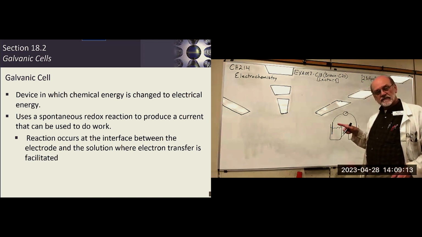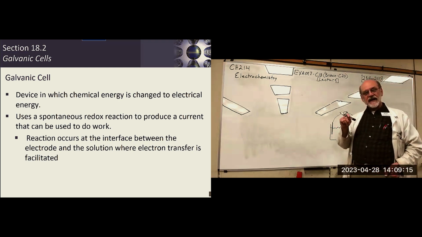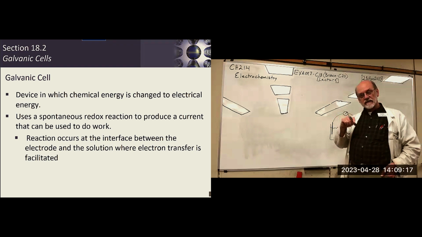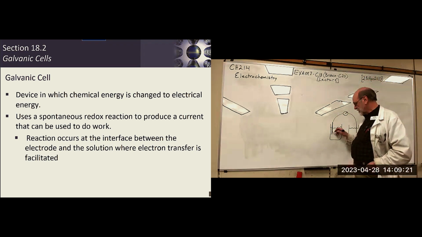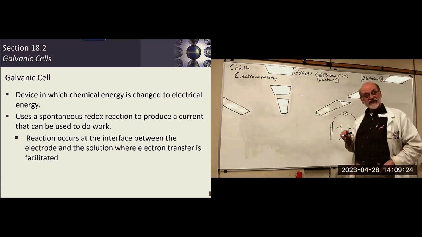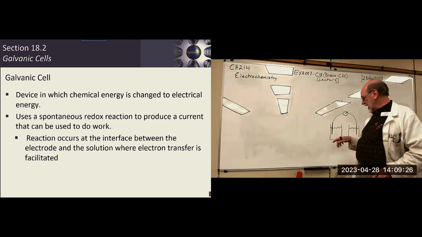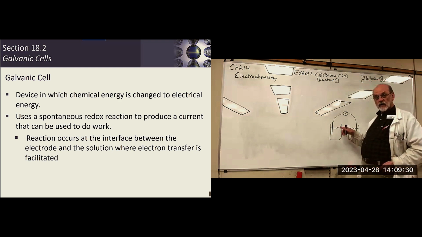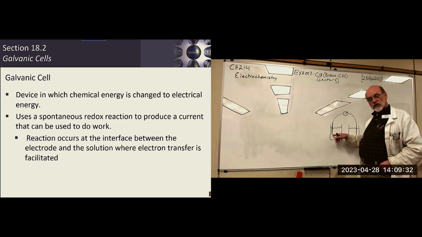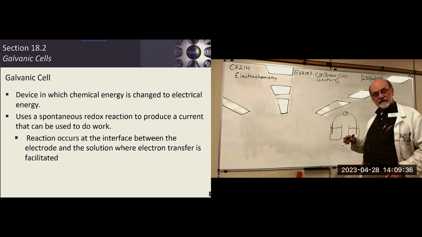The reactions that we've identified as reduction and oxidation occur at the electrode. It really makes sense, because if the reactions occur over here, where do the electrons go? They go wherever they want to. They have to occur at the electrode in order for the electrode to pick up the electrons and send them across.